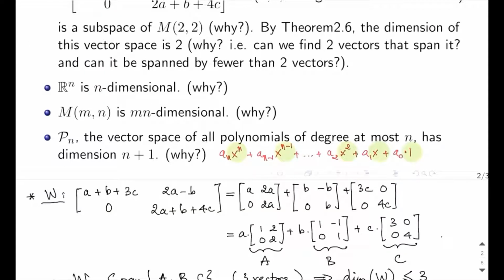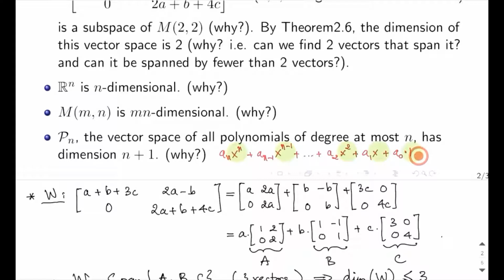All right, so that means that these are the spanning set for Pn. How many vectors are there? If you go from x to the power 1 to the power n, you have n vectors. Now you have another thing here. So you have n plus 1 vectors in the spanning set.